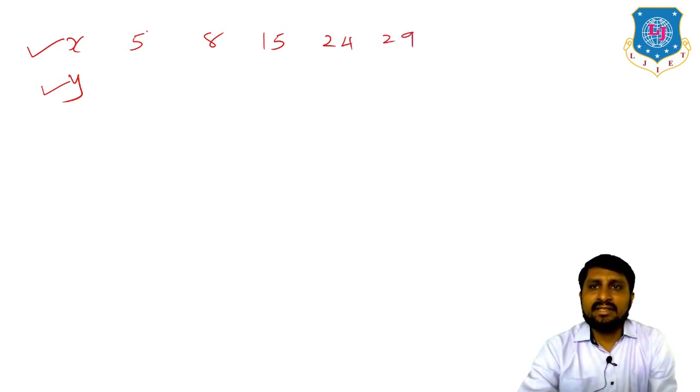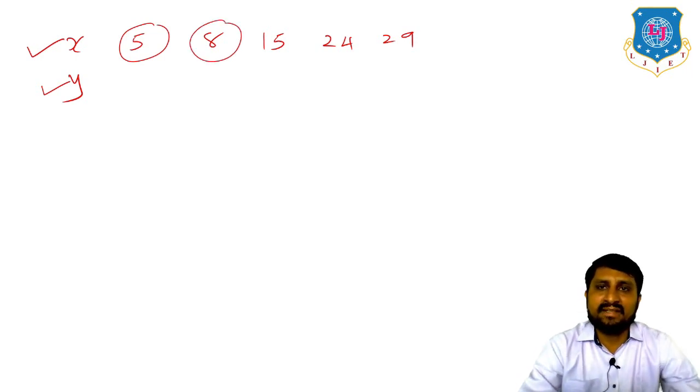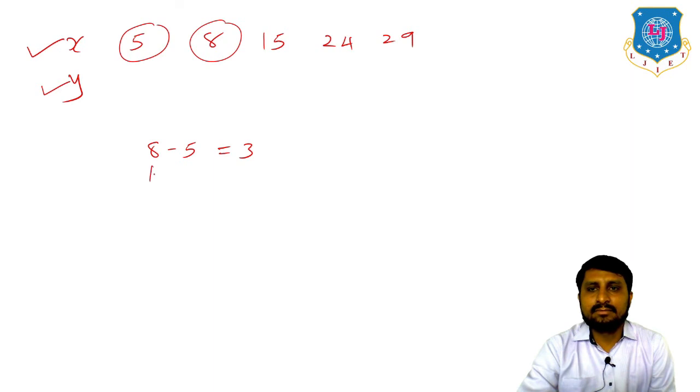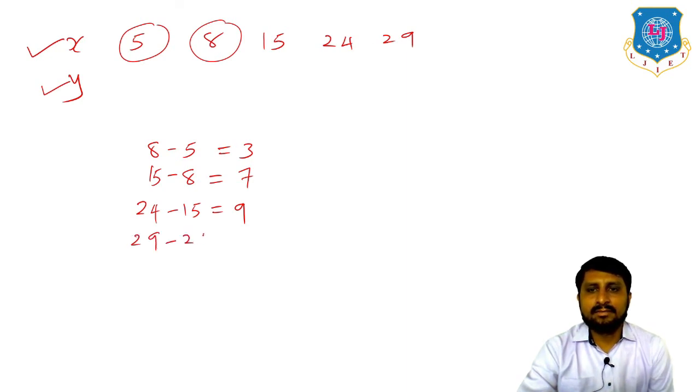Here you can see the difference between any two consecutive values of x: 8 minus 5 is 3, 15 minus 8 is 7, 24 minus 15 is 9, similarly 29 minus 24 is 5.